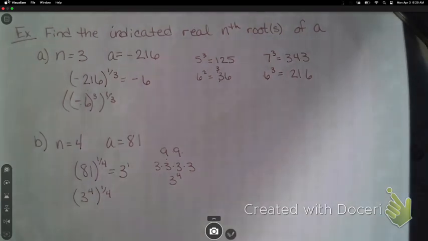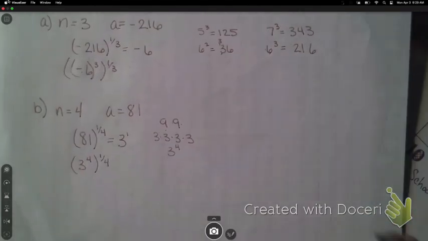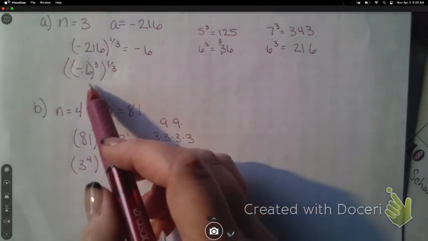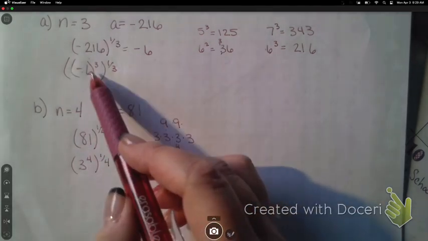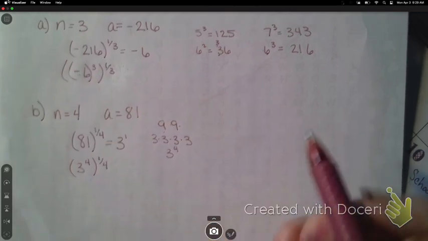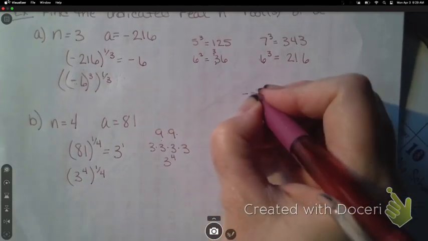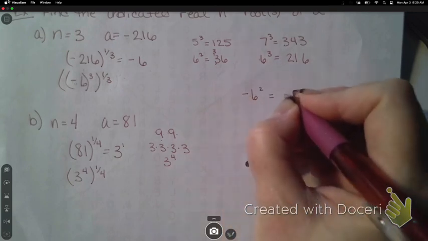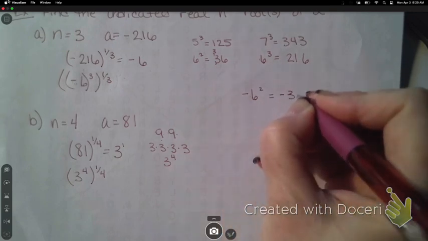Henry, I did have a question. So 3 to the 4th power is on the inside on the bottom one, but on the top it's negative 6, and then the 3 is on the outside. Well, because it's a negative, we had to separate that negative. The reason is if I have negative 6 squared, my answer is negative 36.